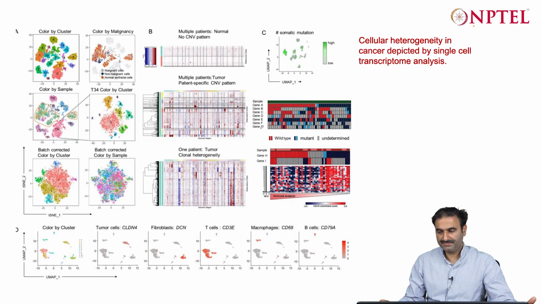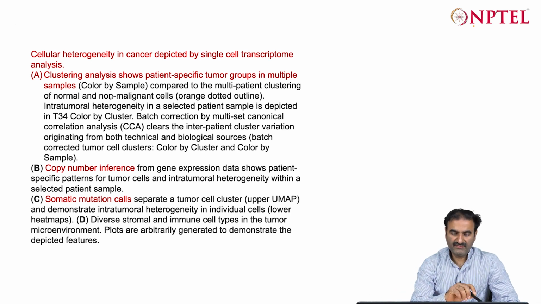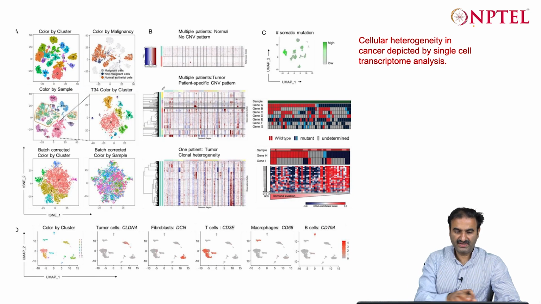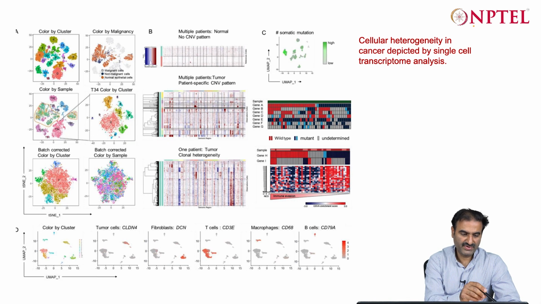Now here they have looked at the cellular heterogeneity in cancer by single cell transcriptome analysis. They have done the clustering showing patient specific tumor groups in multiple samples. These are the different samples obtained, and the color is by sample, compared to multi-patient clustering of normal and non-malignant cells, which is the orange dotted line you see here.